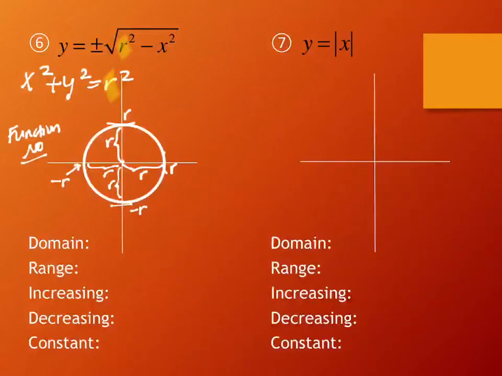All right, still we can talk about domain and range, but we don't have to do near as much on this one because we don't have to do increasing, decreasing, or constant. So what is the domain if we're moving from left to right? What is our domain for our circle? Yeah, so negative r to r.